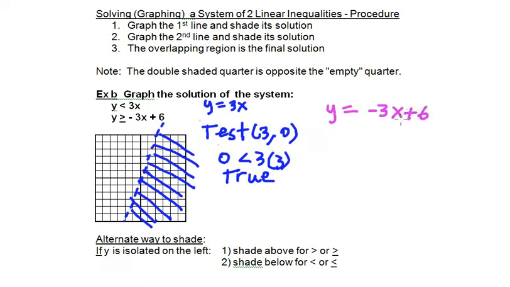So when I graph this line, I have a y-intercept at positive 6, and the slope is negative 3, so I'll go down 3 for every one to the right, and I can plot those points, but I also want to decide whether, when I draw the line, this should be solid or dotted. And because it's a greater than or equal to, we will be making this a solid line. Solid line again means that the points on that line are actually included.